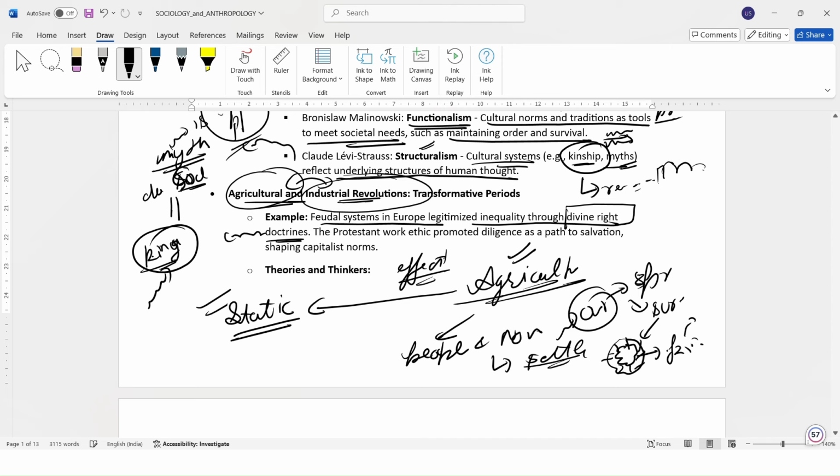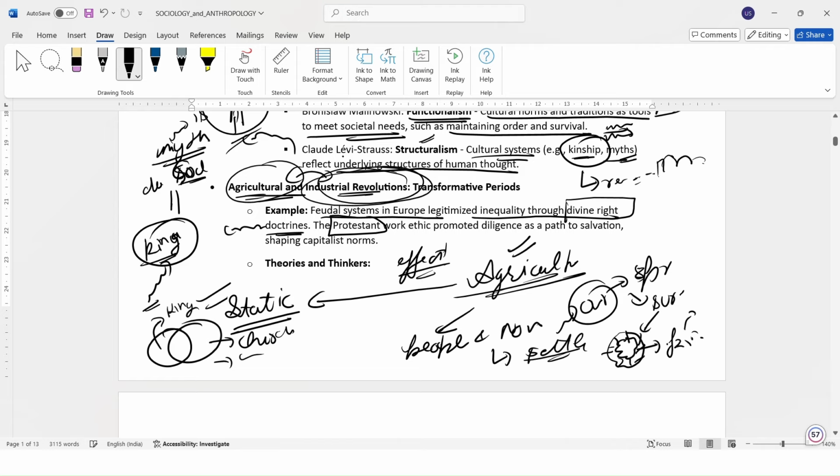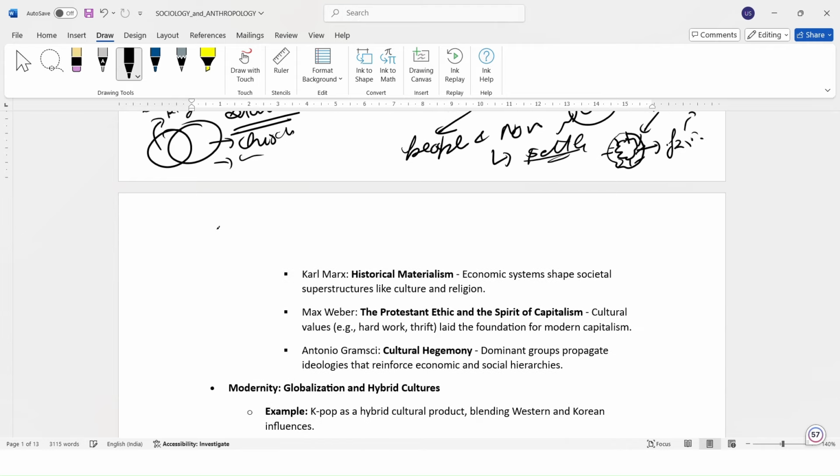These were titles given to kings so that people would follow them, and there was a close nexus between the king and the church, or clergy, or even the temples in different parts of society. This was the effect of the agricultural revolution, and then came the industrial revolution. If you read about Protestantism, we'll talk about it later also. But the industrial revolution led to mass production and led to consumption.